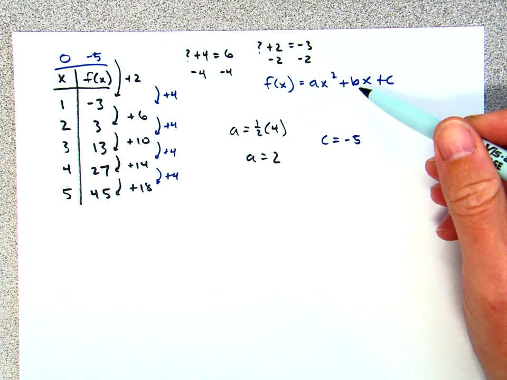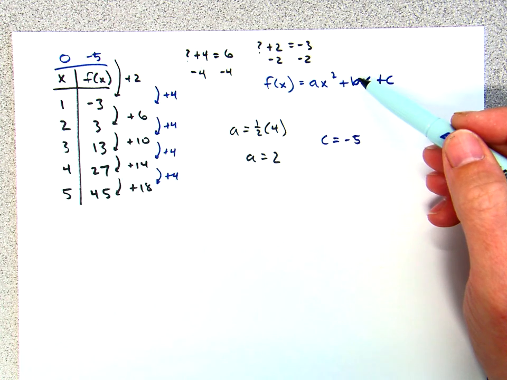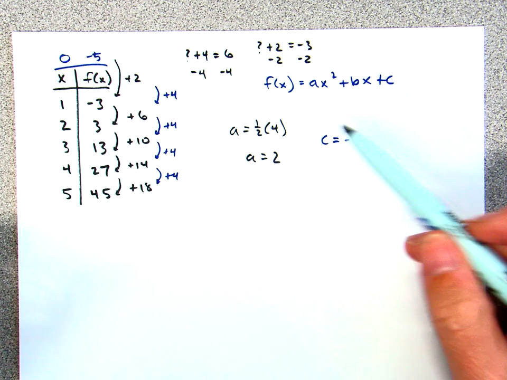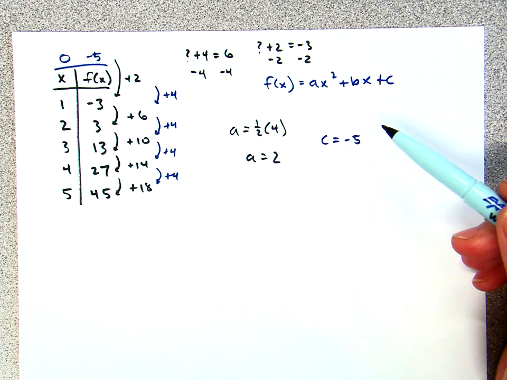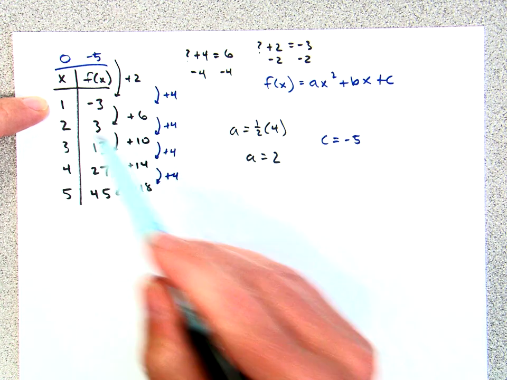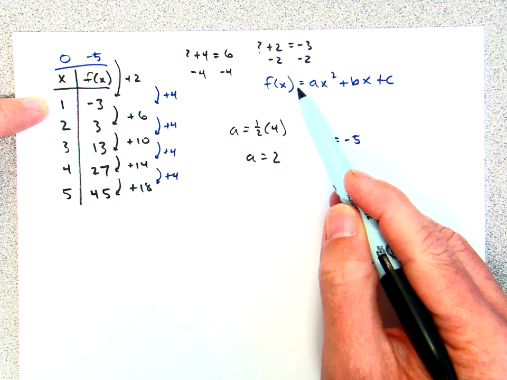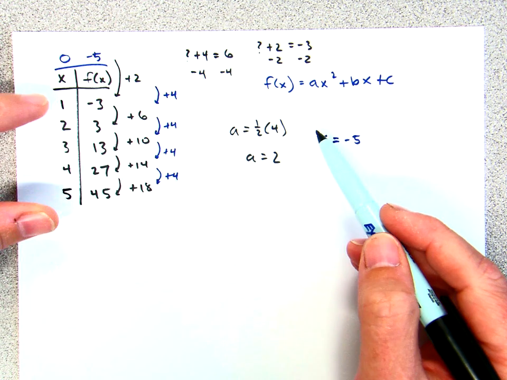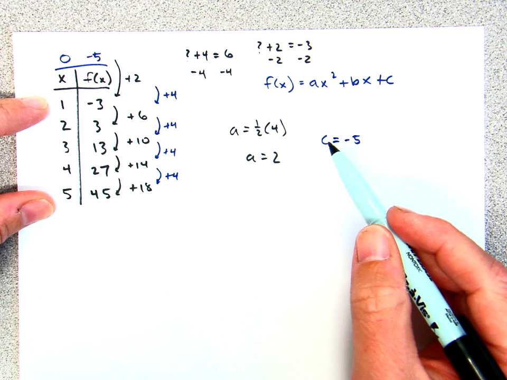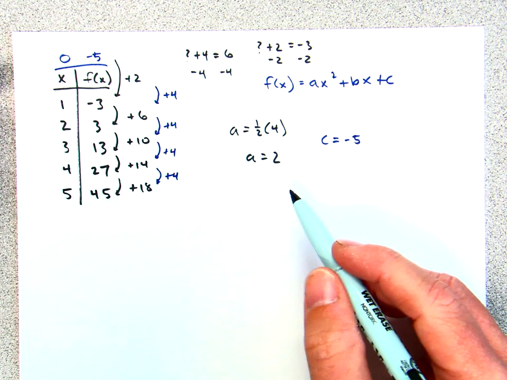Now, B, again, doesn't have any sort of direct relevance to the sequence itself in terms of values that stand out, but we do know that X and Y values should make this equation true. So since we know these are on our function, we know that they should make our equation true. So let's start to build this, right?